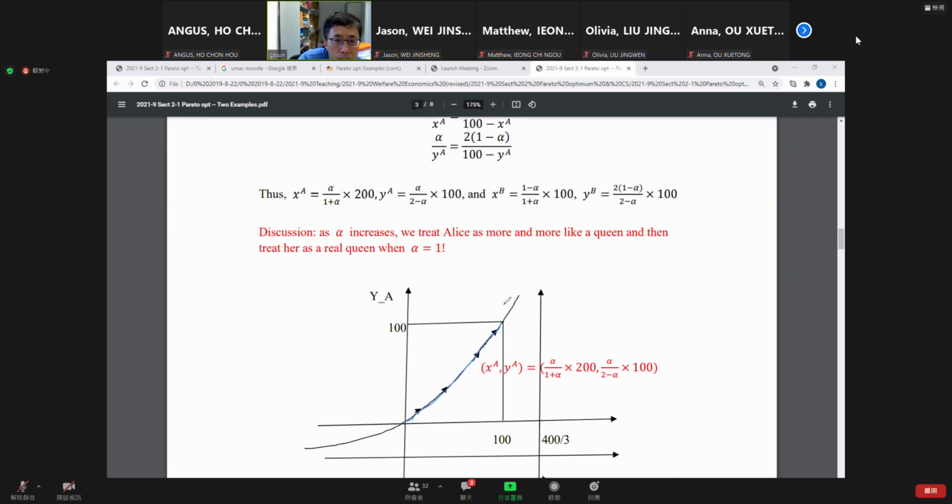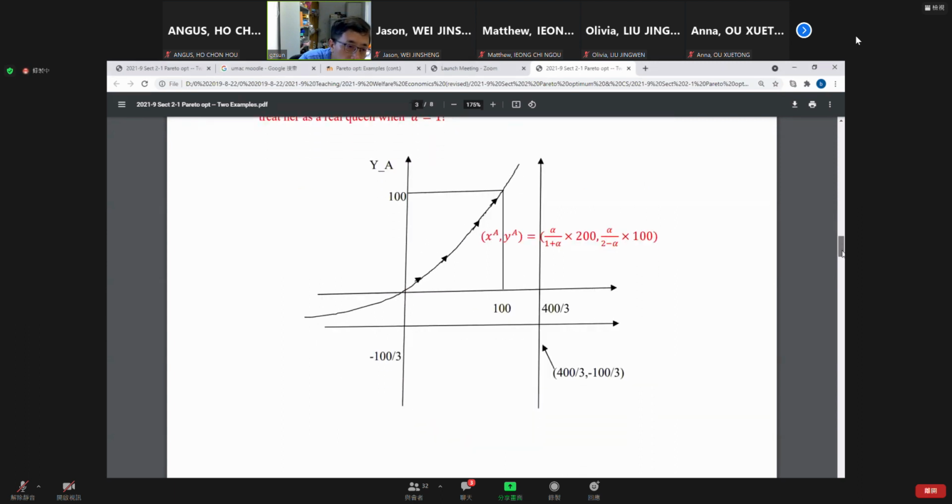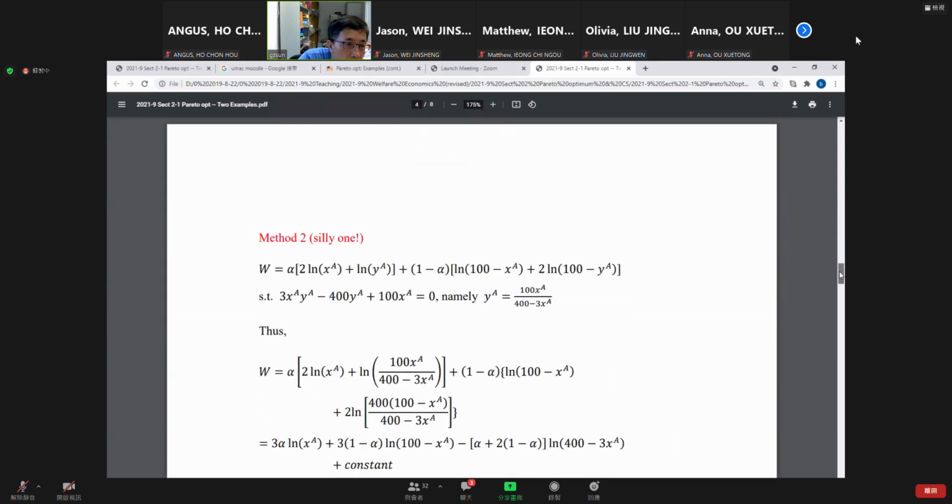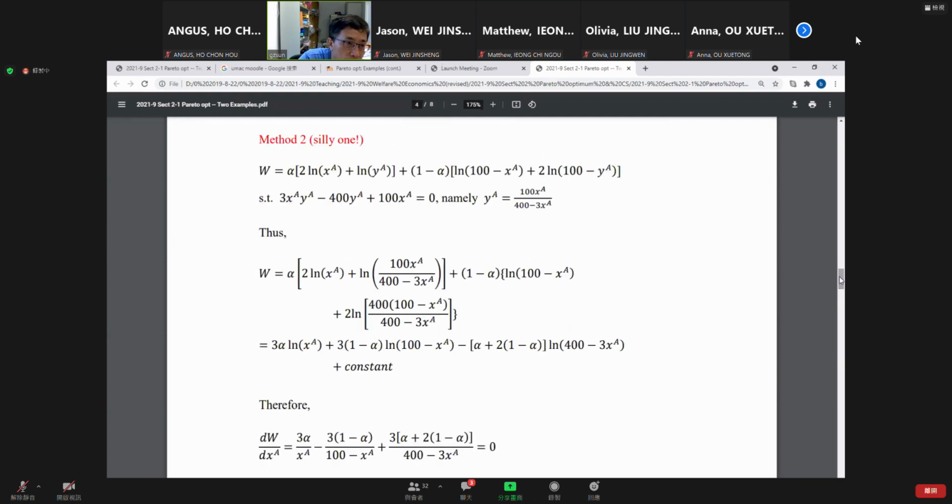So let me clean up this one. Today we are dealing with another solution. We just see that this is the silly solution. Don't take this approach.